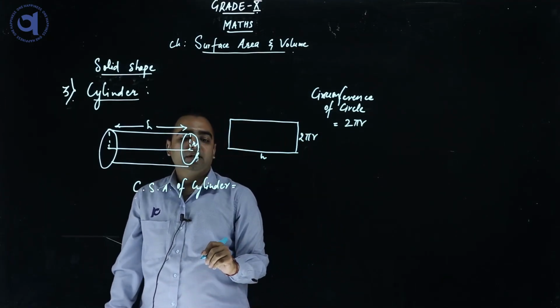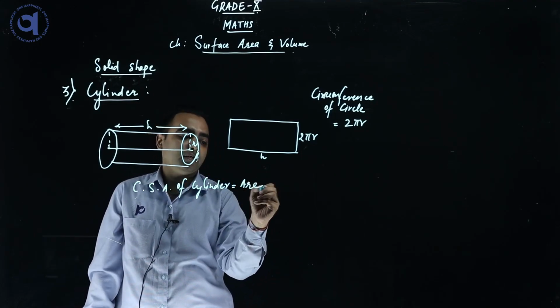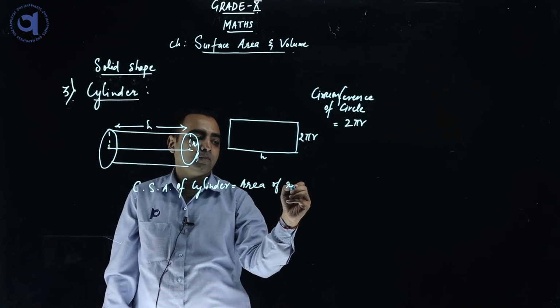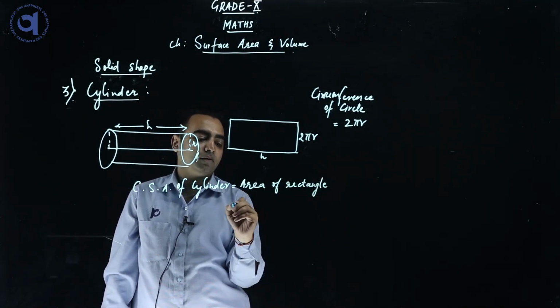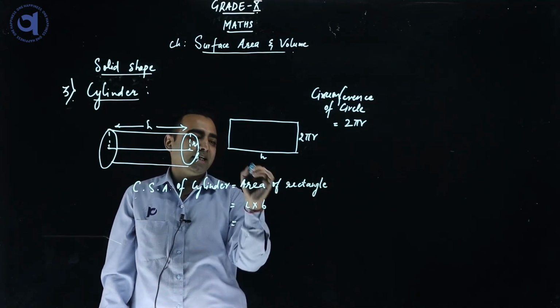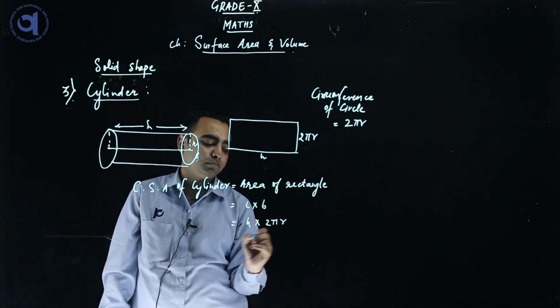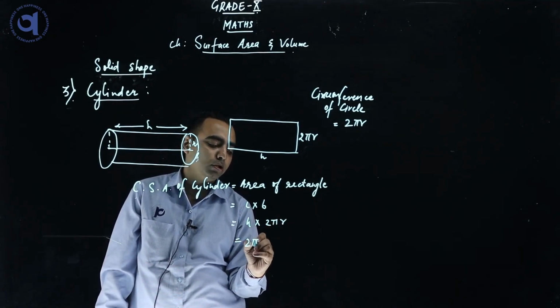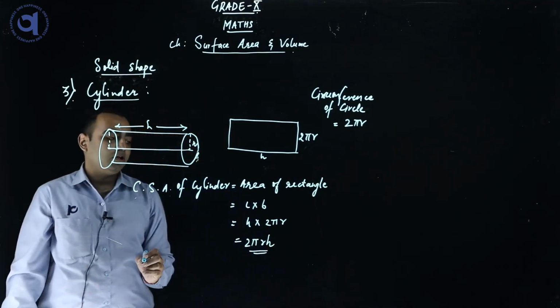Now if I want to find the curved surface area of the cylinder, which is equal to the area of the rectangle, that is equal to L into B. Here our length will be h and our breadth will be 2 pi r, which is equal to 2 pi r h. So this is called the curved surface area of the cylinder.